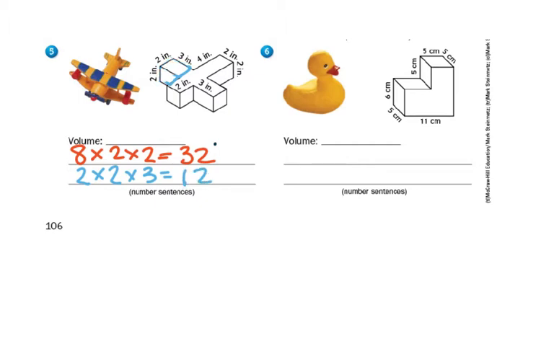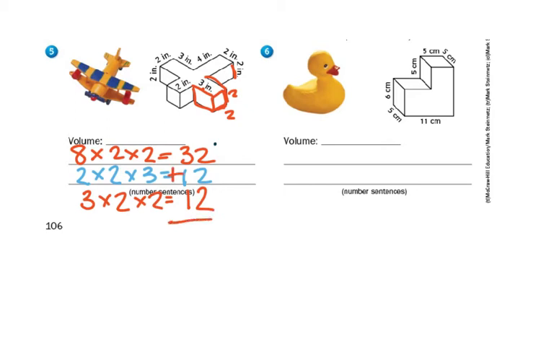So the only other part I have left now is this part over here. Okay, so this is 2. We know the height is the same all the way around, right? So 3 times 2 times 2. 3 times 2 is 6. 6 times 2 is 12.